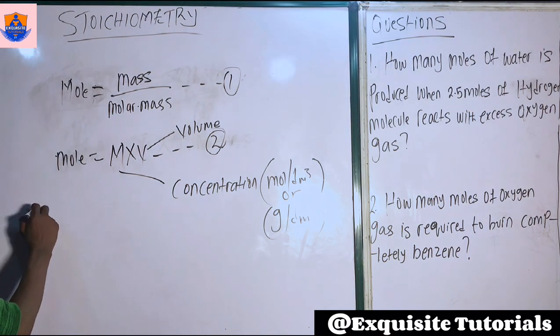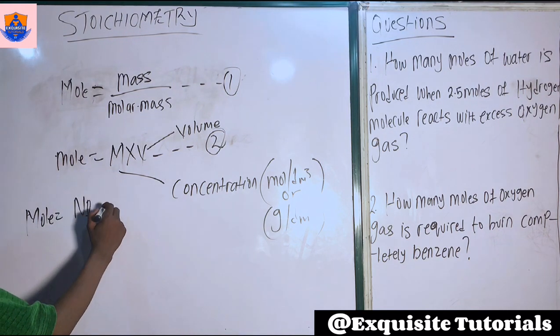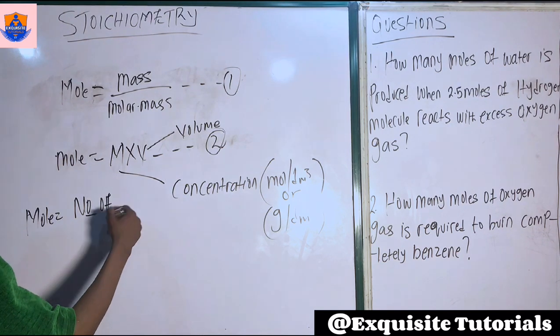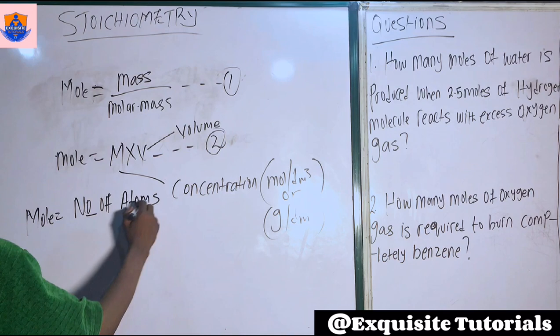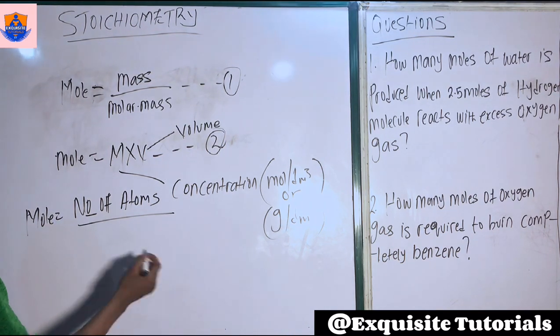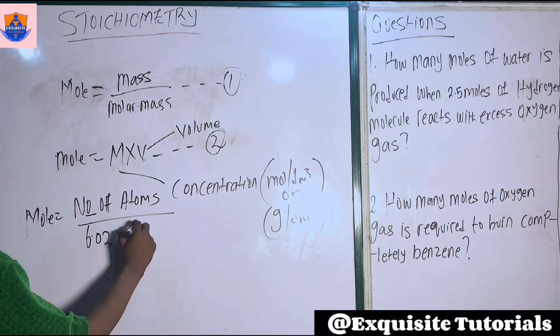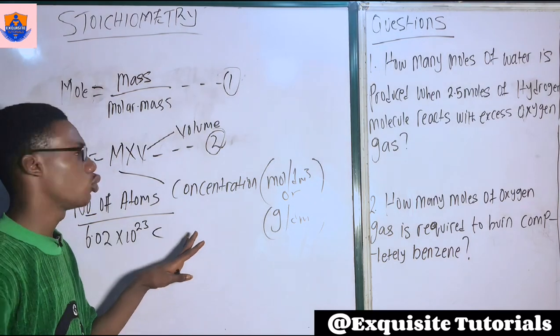So number 3: mole is equal to number of particles, or number of atoms, over Avogadro's constant, which is 6.02 times 10 to the power 23. This is another formula to calculate moles.